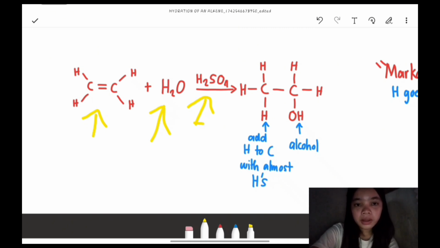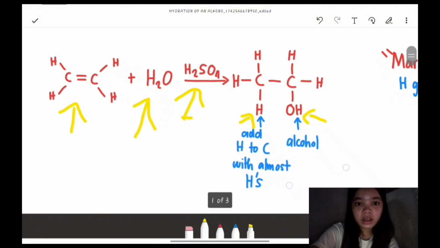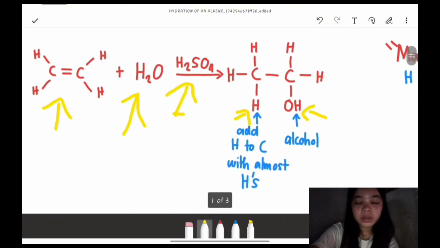That double bond breaks, the hydrogen goes to one carbon and the OH goes to another carbon. I wrote here just a reminder that hydrogen will always go to the carbon that has the most hydrogens in this case.